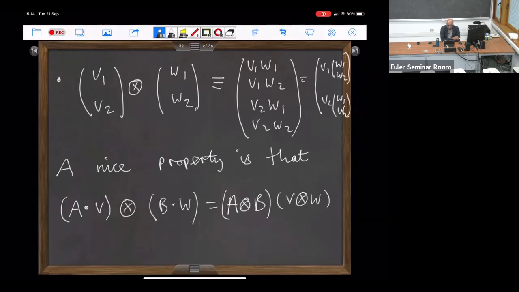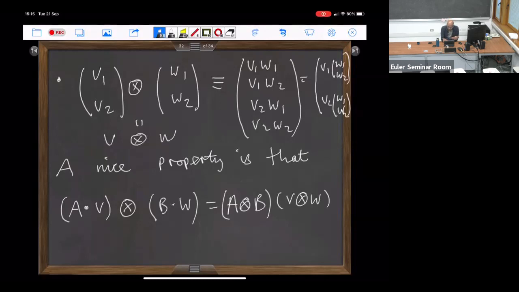So here explicitly I've written out what the tensor product between these 2 vectors is, V tensor W in a more compact notation.